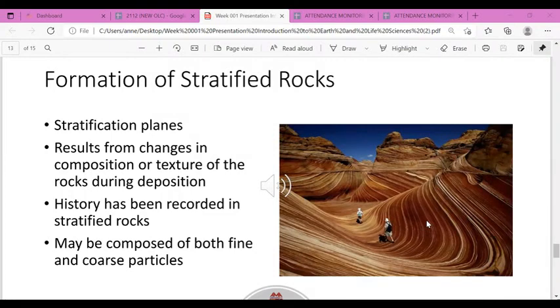Because sabi ko nga, diba, on our definition, that there are fossils, the twigs, okay, and of the animals are found. No, napaka-importante sa mga geologists noon because they can record what happened before the era na meron pang tao. Okay?